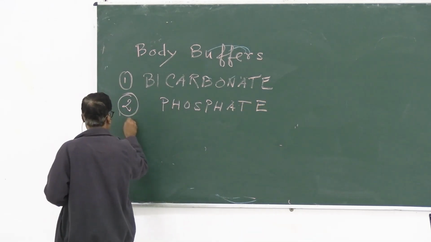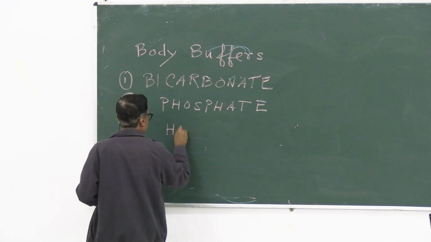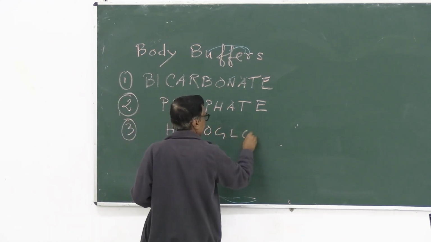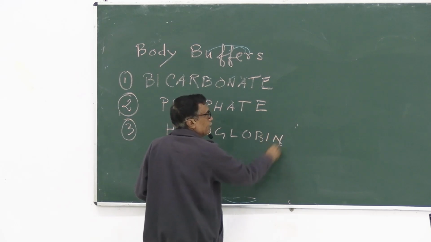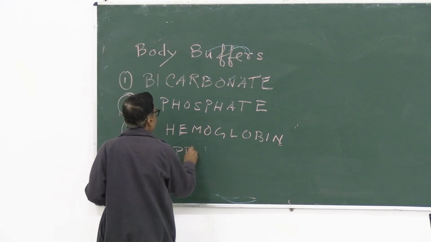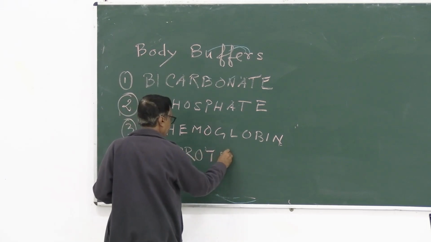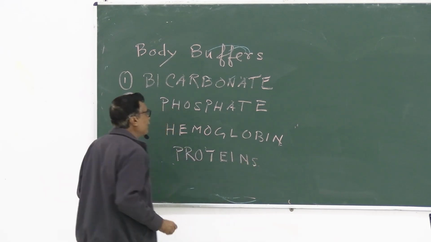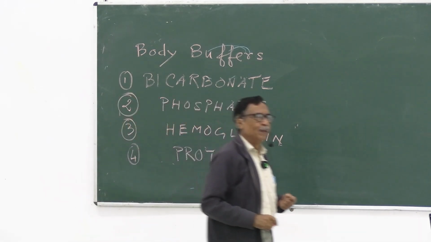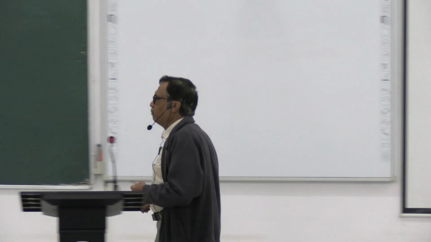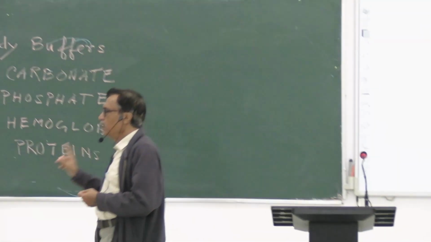Third one is the hemoglobin. And the fourth being the protein. And you know, for every buffer there are 2 pairs. In bicarbonate buffers, the pair is the bicarbonate and carbonic acid. Buffers are composed of either weak acid or weak base and its salt.